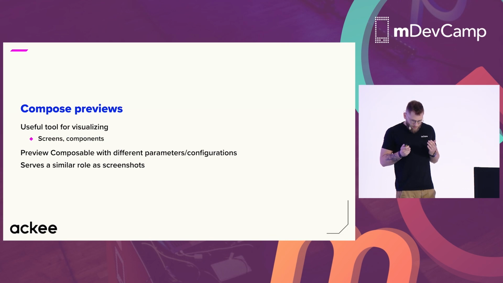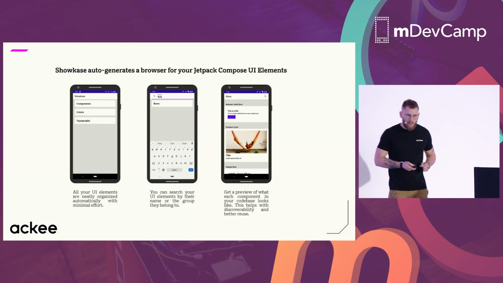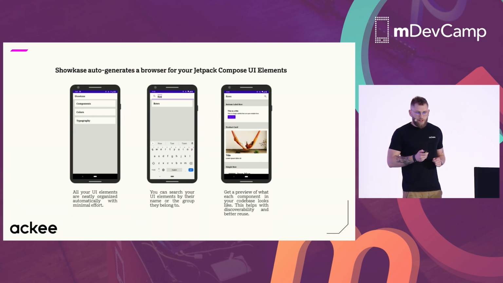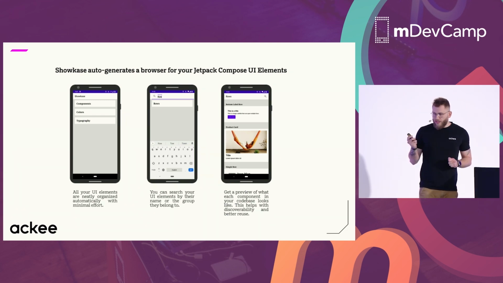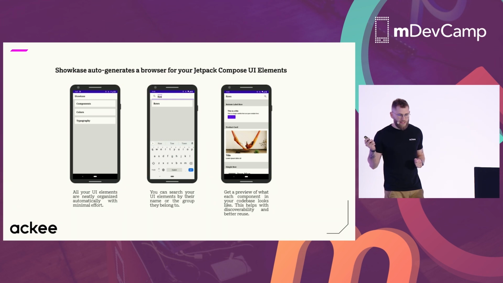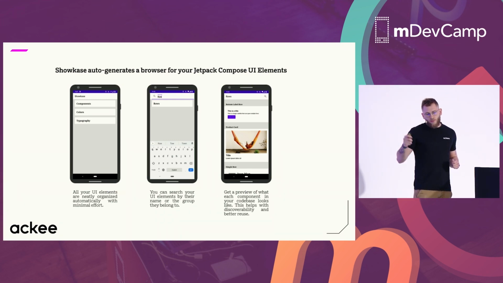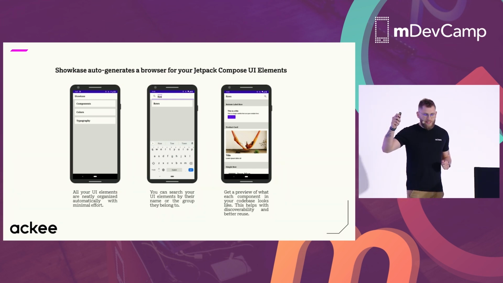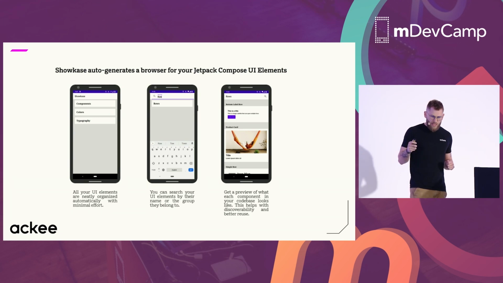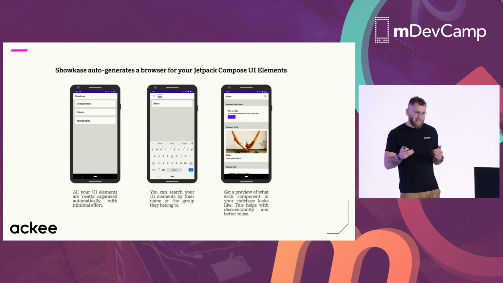And some smart people at Airbnb realized that as well, and they have created the library called Showcase. Showcase is an annotation processor library, which during compile time scans all your code, and it will create a list of all of your preview functions.